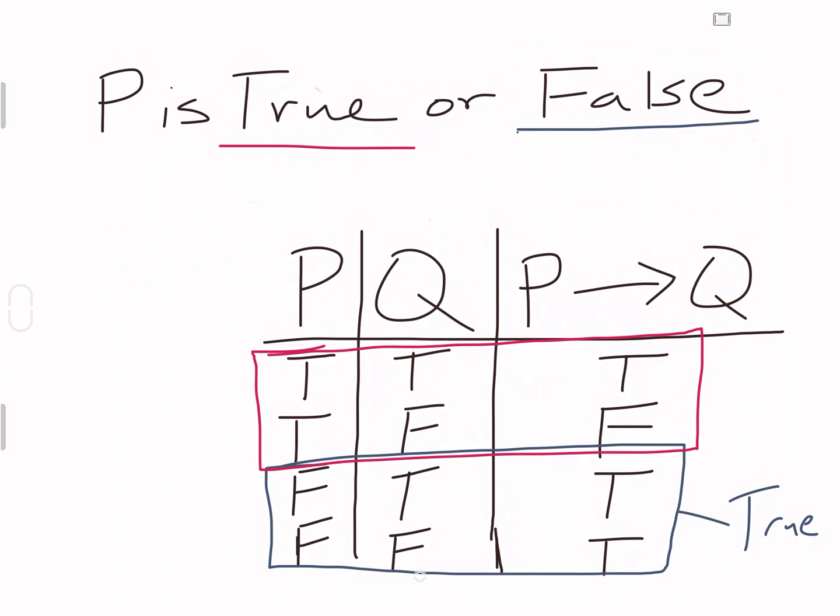So this is why we may as well assume that P is true, because if we assume P is false, then P implies Q is automatically true. So we may as well start with the assumption that P is true. And then our goal is to eliminate this row, thereby proving that P implies Q is true. And that's essentially it.